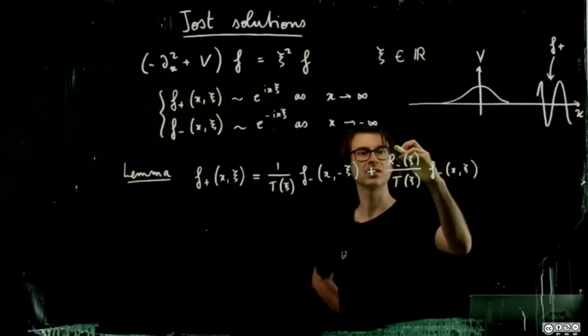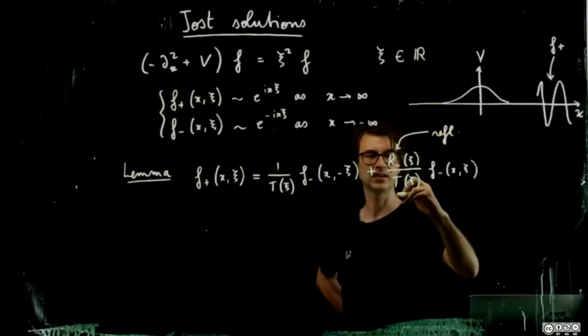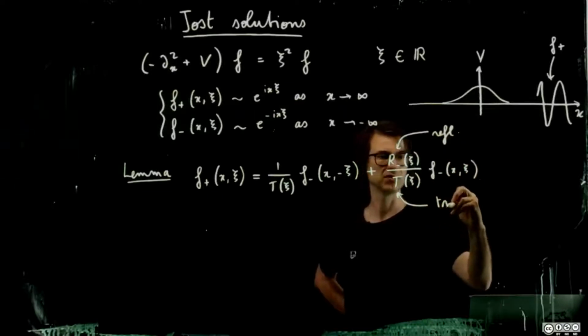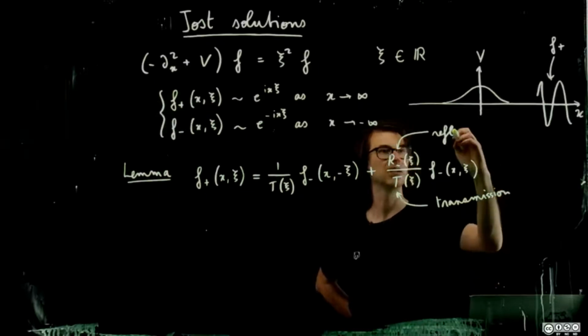So this R is known as the reflection coefficient, and this T is known as the transmission coefficient. I will explain shortly what this terminology is about.